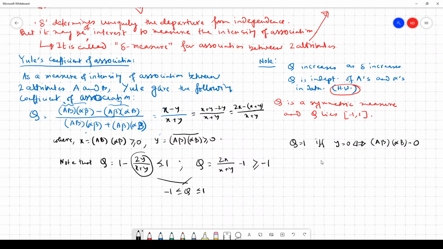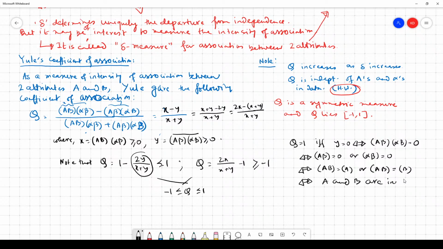AB equal to 0 means either A is 0 or B is 0, so A beta equal to 0 or alpha B equal to 0, which implies AB equal to A or AB equal to B. So this means A and B are completely associated.